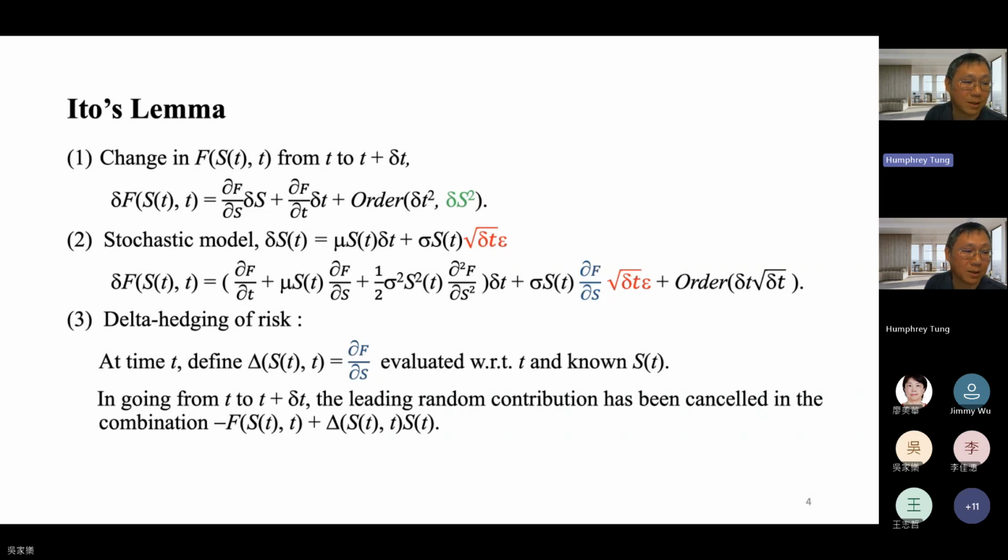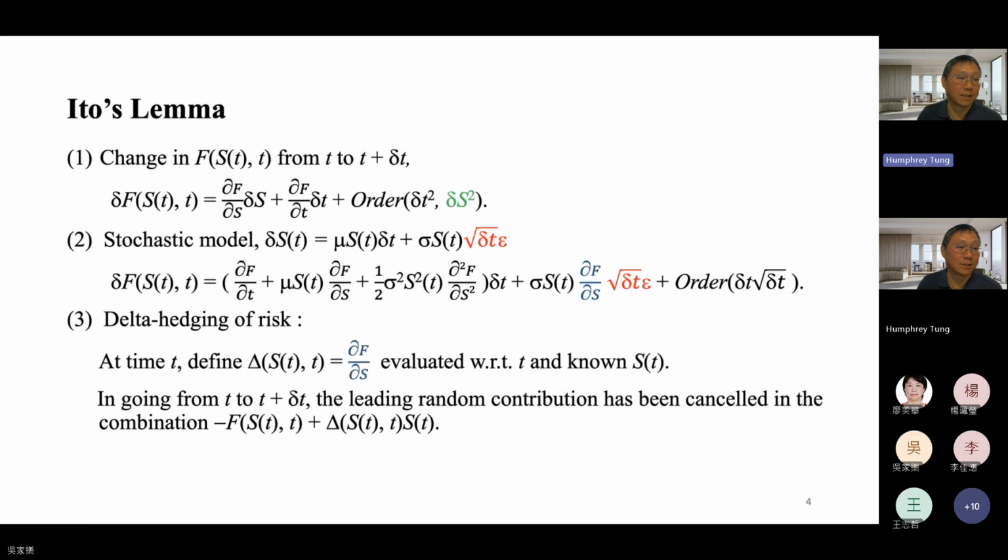Stochastic calculus simply means you have calculus, but on top of it, in bullet 2, we have a stochastic model. The first term, you can think of as referring to regular calculus. But the second term has a random normal number. So stochastic calculus lets us do calculus, but with a random number involved in the calculation.